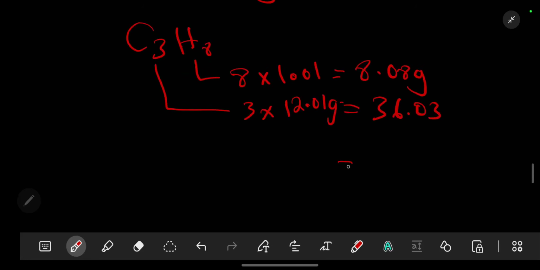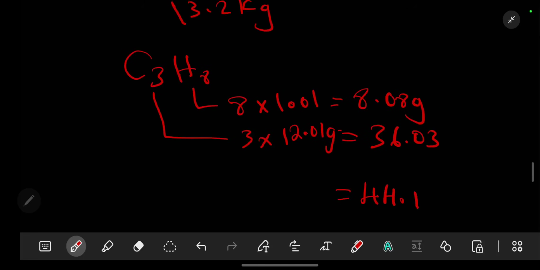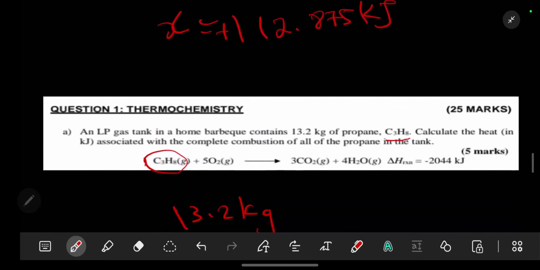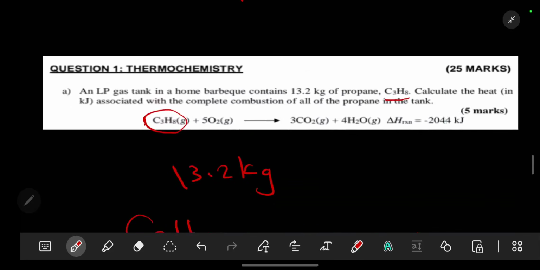When we add these two, 8.08 plus 36.03, this gives us a value of 44.11 grams.